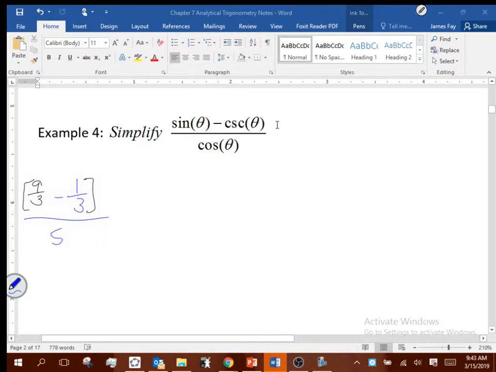If I'm going to rewrite this, it's going to be rewritten as sine of theta minus. Okay, now because there were no powers bigger than 1, I'm not going to factor anything out, so my task is to write this in terms of sine and cosine, right? So what is cosecant the same as? 1 over sine. And now my cosine, there's nothing to do down there, so it just gets rewritten the same way.